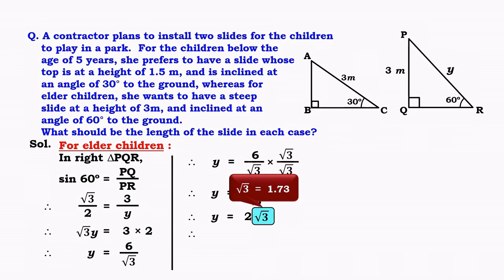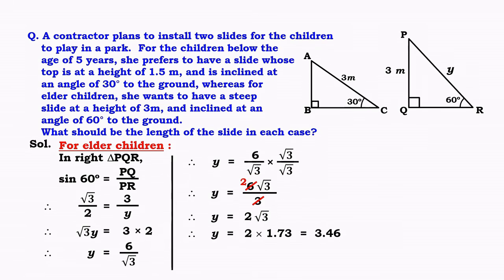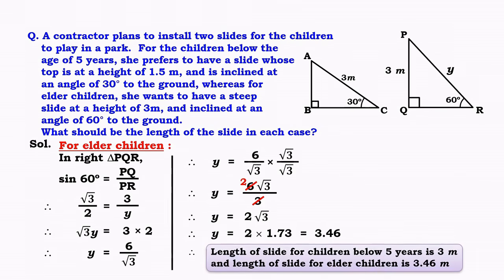Using the approximate value of root 3 as 1.73, we get 2 multiplied by 1.73, which is 3.46. Therefore, the length of the second slide is 3.46 meters. So, the first slide is 3 meters long, and the slide for the elder children is 3.46 meters long.